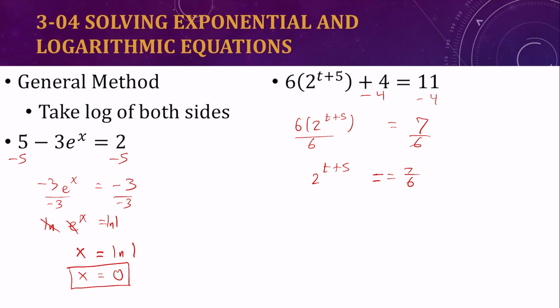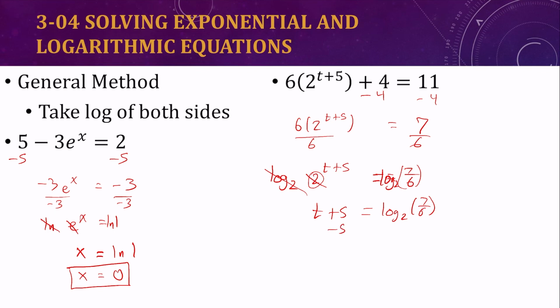So now we need to do the opposite of exponential, which is logarithm. So I'm going to do logarithm, and I'm going to do base 2 since we already have base 2. So that cancels. So we have t plus 5 equals log base 2 of 7 over 6.